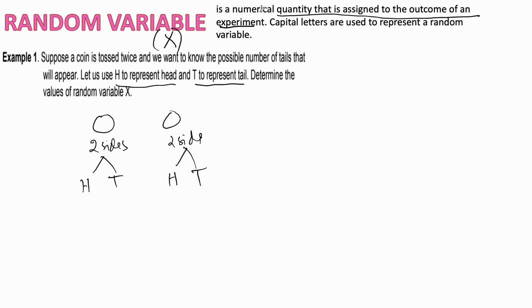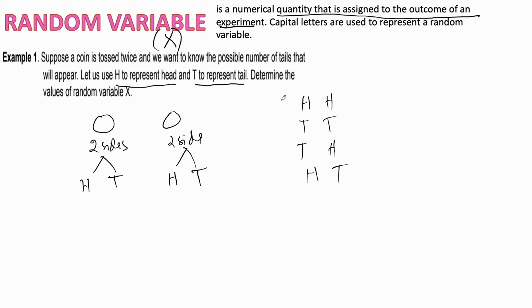So sa unang toss, 'di ba? Meron ka ng 2 possible outcomes. Pwede siyang maging head, pwede siyang maging tail, and vice versa, or head tail, 'di ba? So sa pangalawang toss, ganun din, 'di ba? Pwede din siya maging head or tail. Nagets ba?